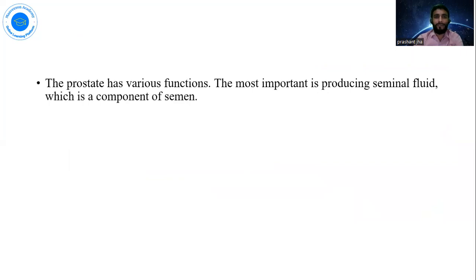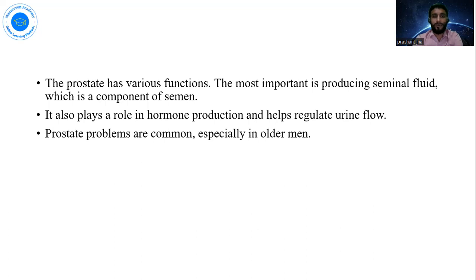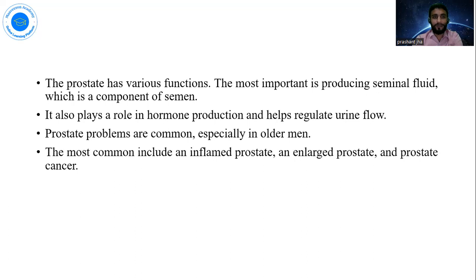The prostate has various functions. The most important is producing the seminal fluid, which is a component of the semen. It also plays a role in hormone production and helps regulate urine flow. Prostate problems are common, especially in older men. The most common include an inflamed prostate, an enlarged prostate, and prostate cancer.